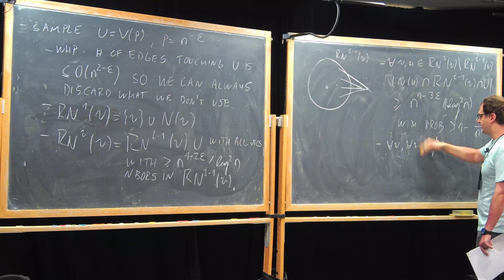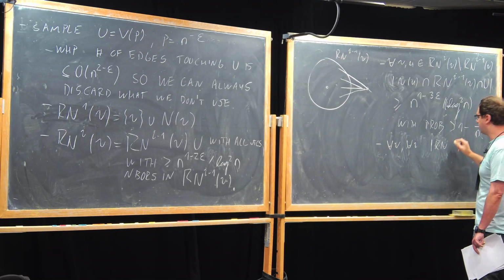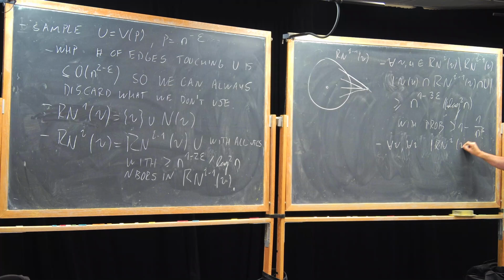I guess I don't need an upper bound here. The size of the robust neighborhood of radius i around v, when we intersect with U, the random subset, is at least 0.9 times p times the size of the actual neighborhood.